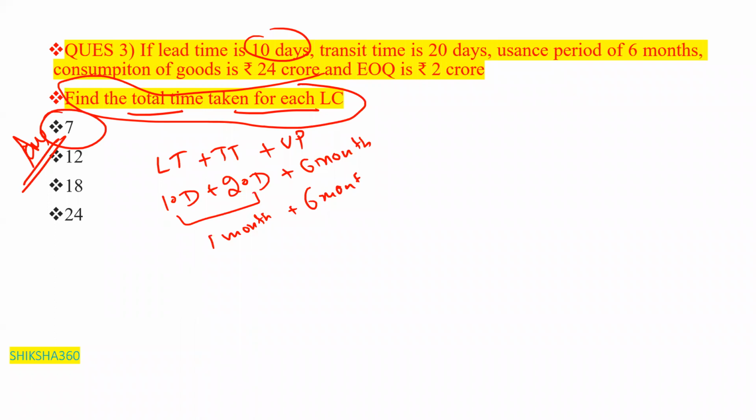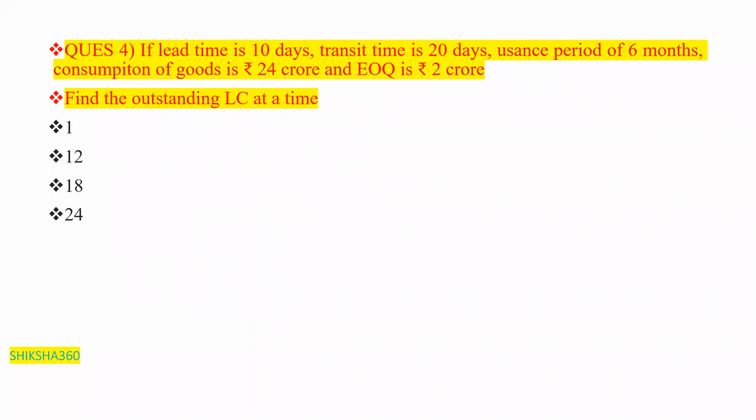I think up to this point it is clear to all of you, so we will move towards the next question. The next question is to find the outstanding LC at a time.